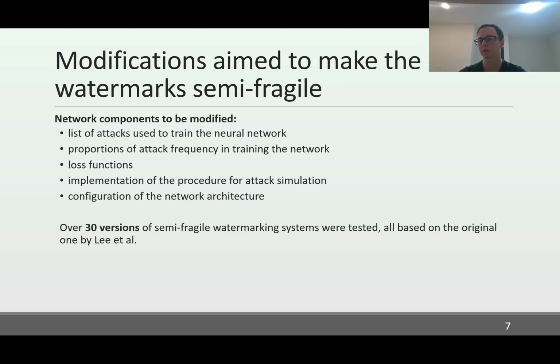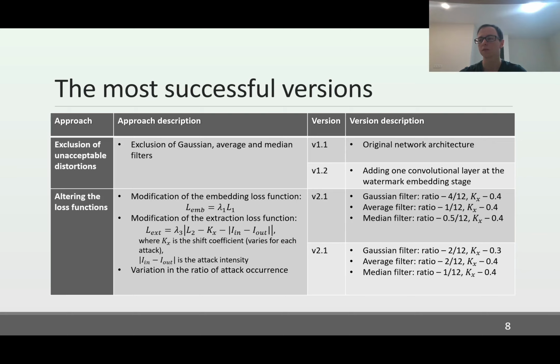These versions differed in the following aspects: various choices for the list of attacks used for neural network training, different proportions of attack frequencies during network training, various proportions for loss functions, diverse implementations of attack simulation procedures during network training, and various configurations of the network architecture. Here are examples of the four most successful modifications.